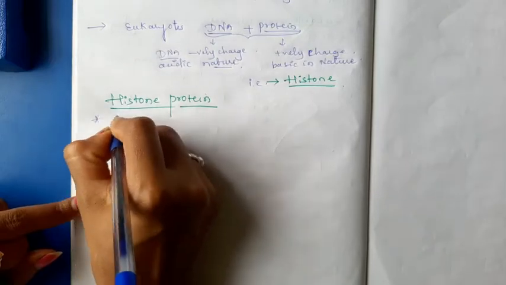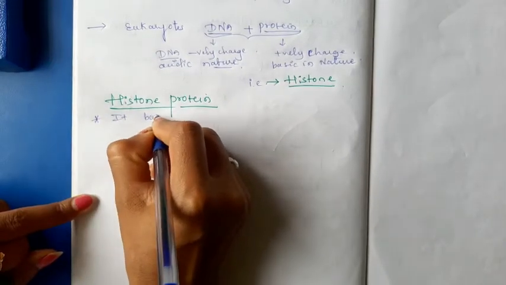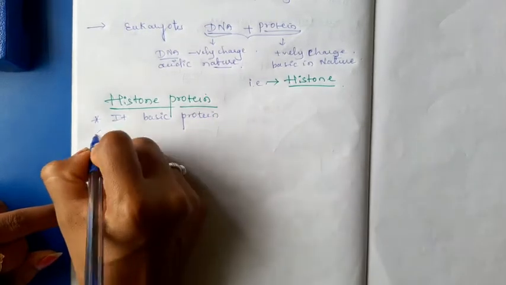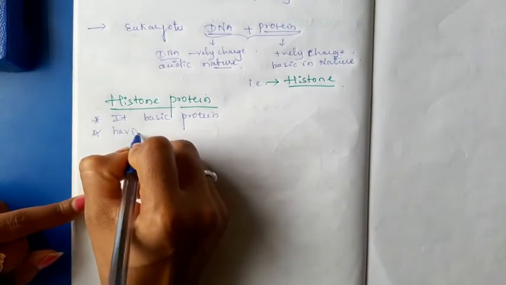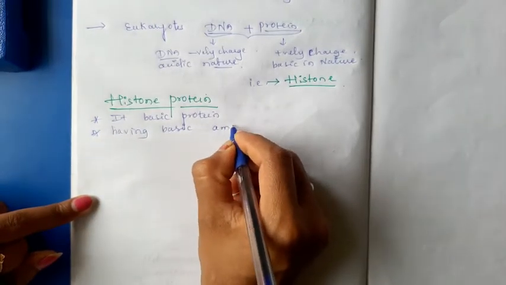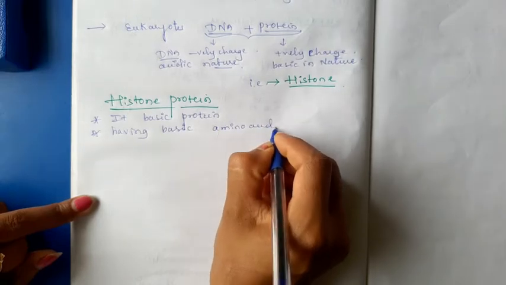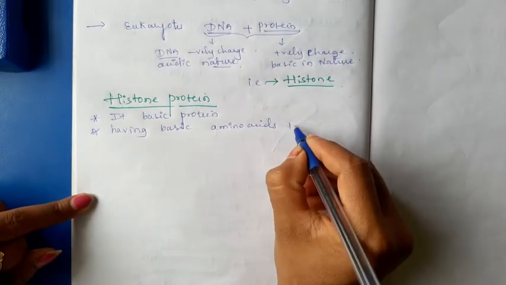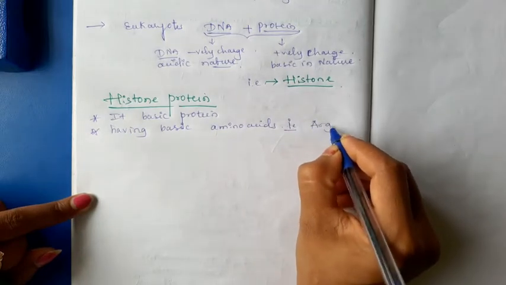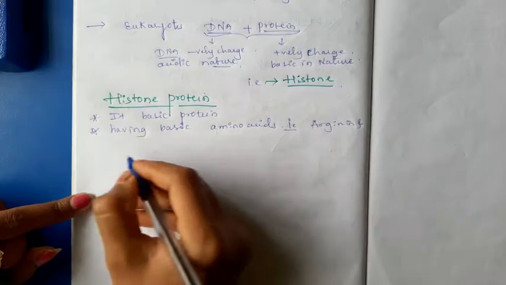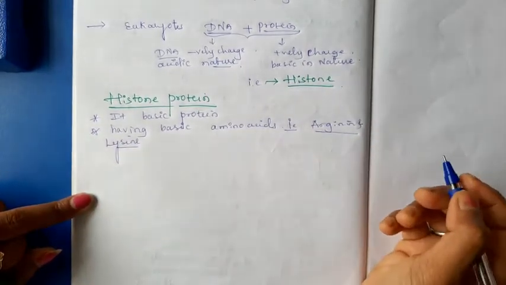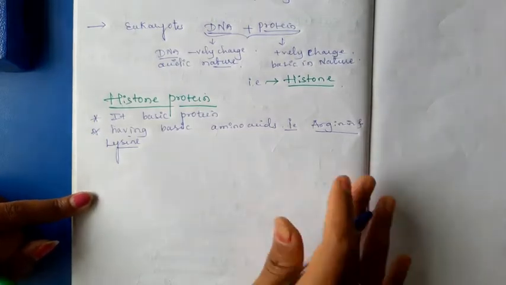Histone protein is a basic protein having basic amino acids, that is arginine and lysine. These are the two amino acids which are present in the histone protein.